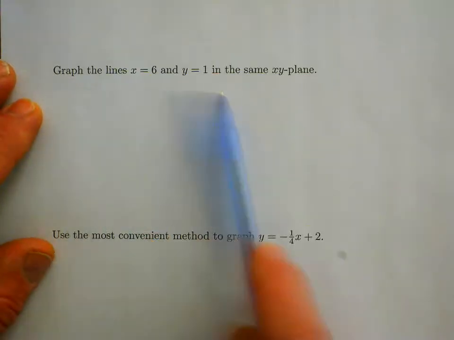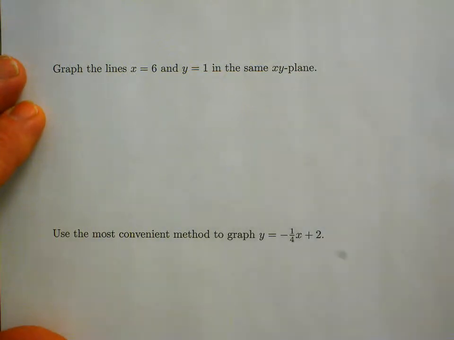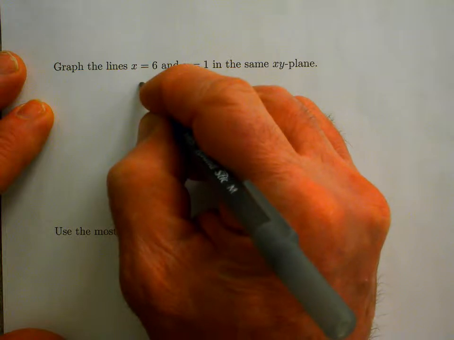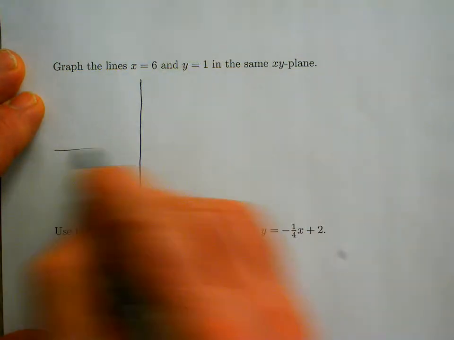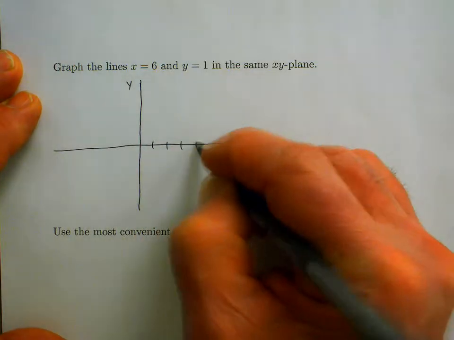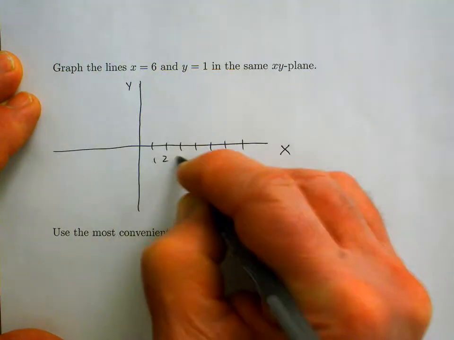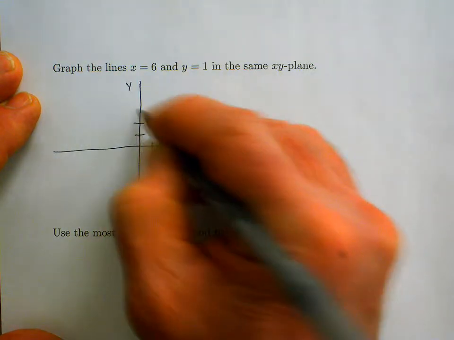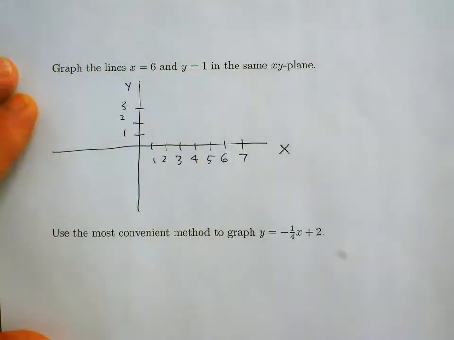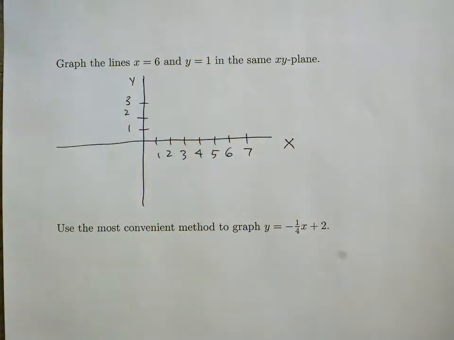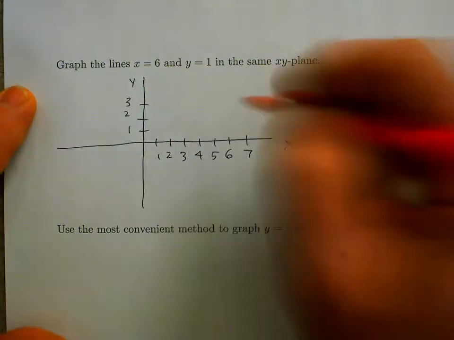Okay, so we have a couple of minutes left. Let's graph these lines, x equals 6 and y equals 1 in the same xy plane. So in the same xy plane, okay, the line x equals 6, that is a vertical line in the xy plane.